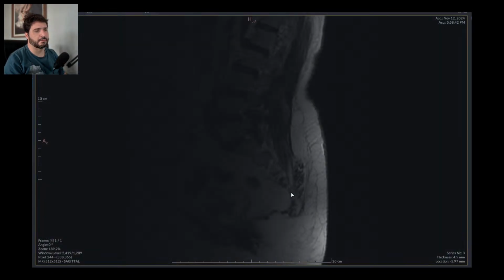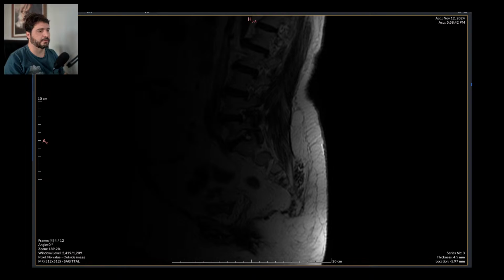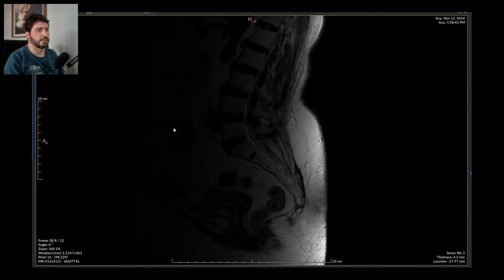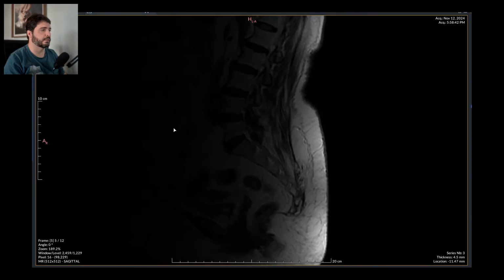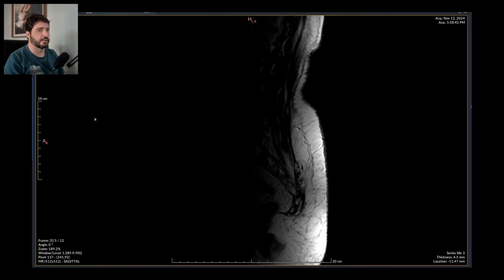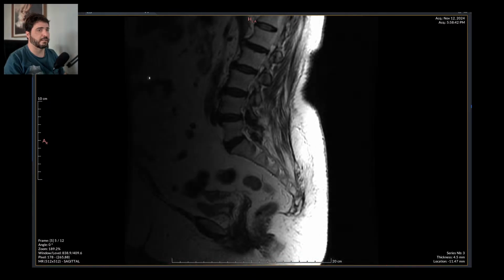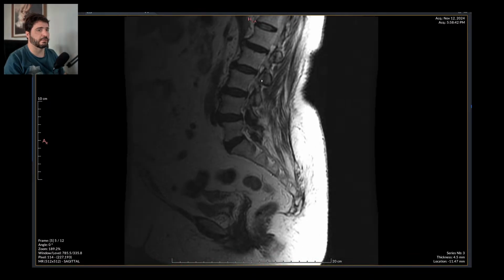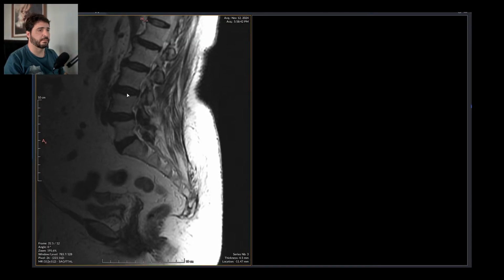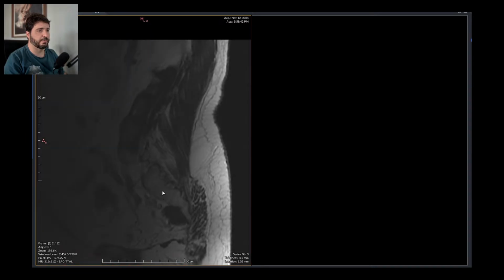So let's load it. Oh crap. See how bad the skin is? It's just dark. This is a very bad coil and a very old scanner. This is really bad.